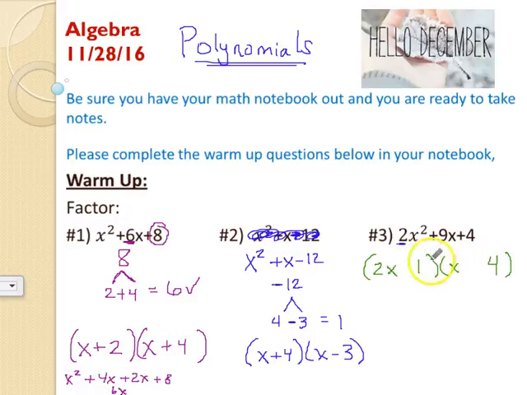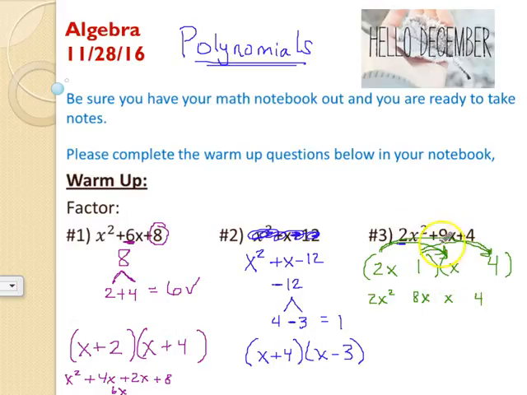Let's try that out and start distributing. 2 times x gives me 2x squared. 2 times 4 gives me 8x. 1 times x gives me 1x. And 1 times 4 gives me 4.